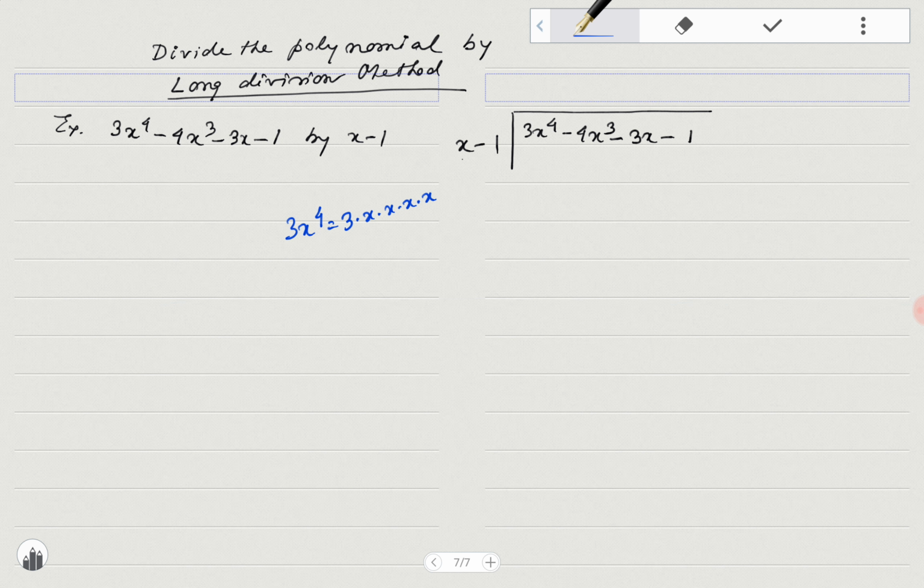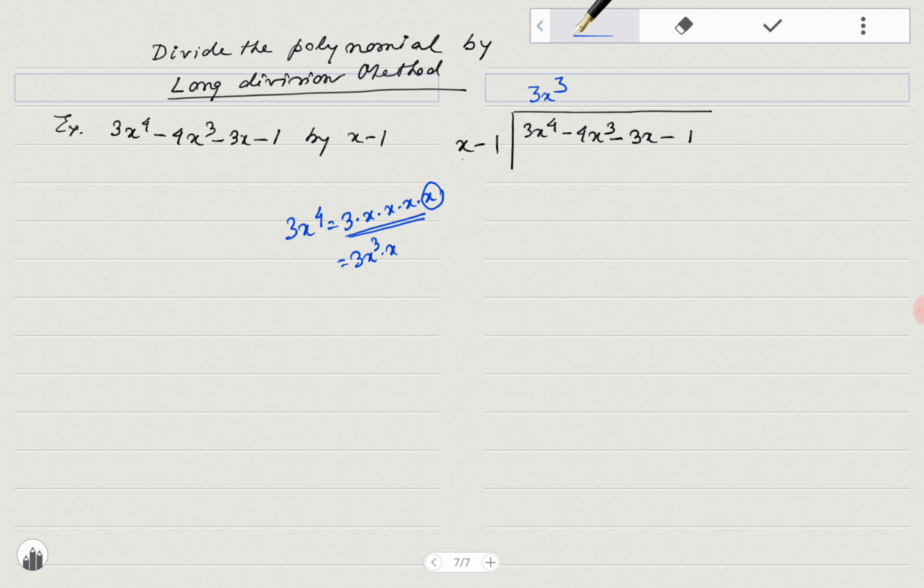Now 1x is already there, so how many things are left? This gives you 3x cubed. That means 3x cubed into x. So this is to be multiplied with 3x cubed.